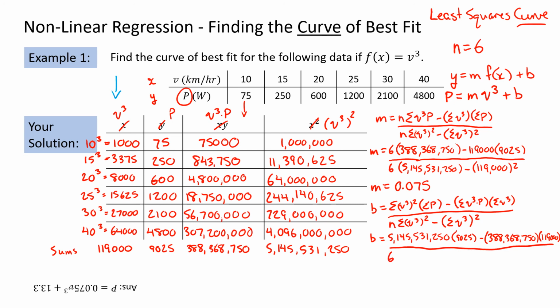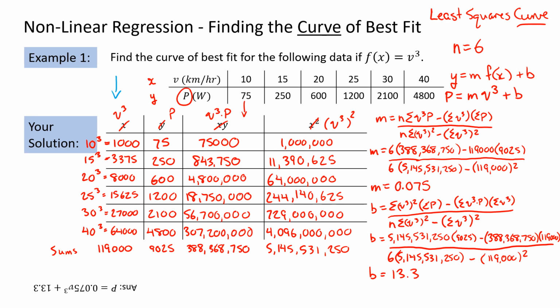So number of data points, which is 6, times the sum of our x squared, which remember was our v cubed term, all squared, which is 5,145,531,250, minus the sum of our x term, which you remember is our first column, or v cubed, 119,000 squared. And if you calculate this out, you get simply 13.3.